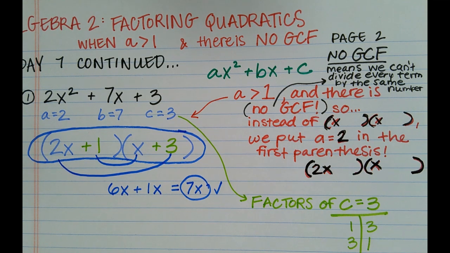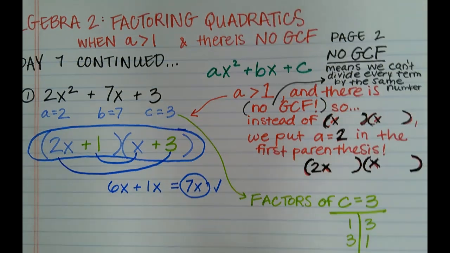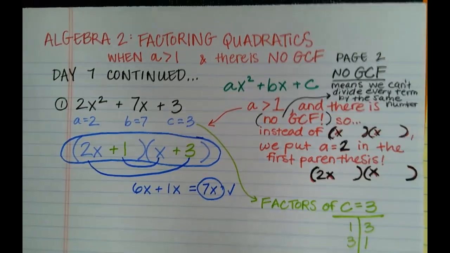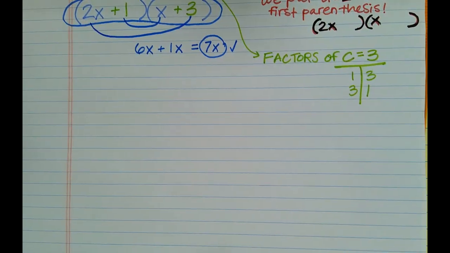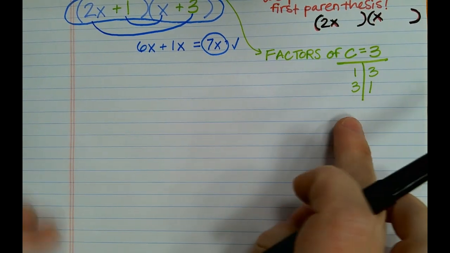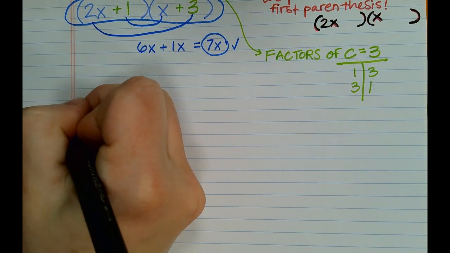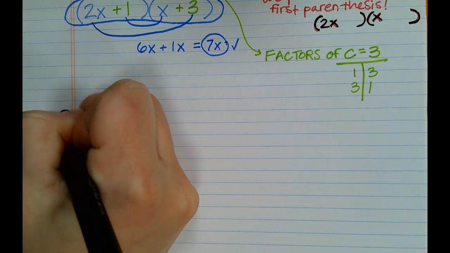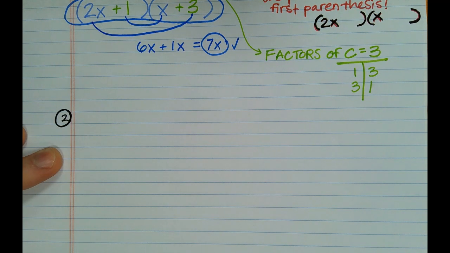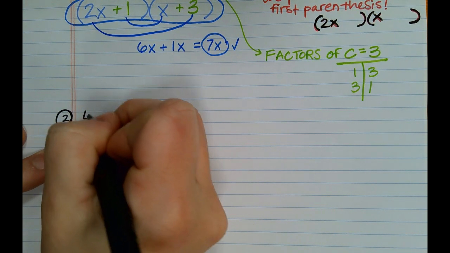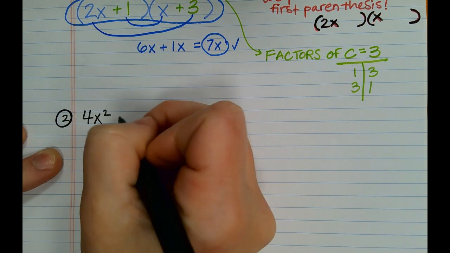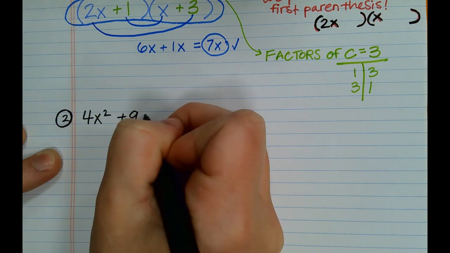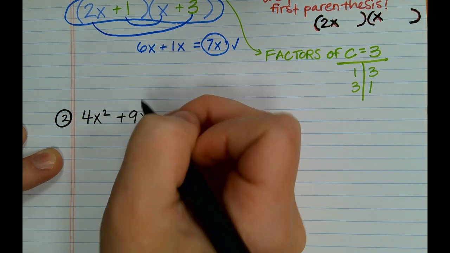You guys want to try another one? Okay, let's do another one. I'm going to move on. Number 2. This time we'll do 4x squared plus 9x plus 2.